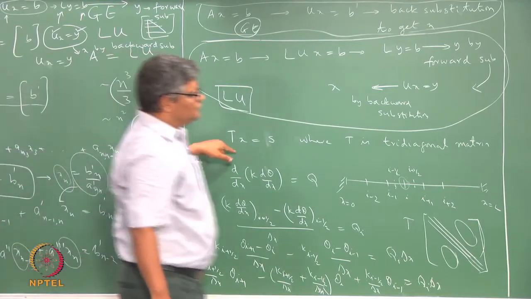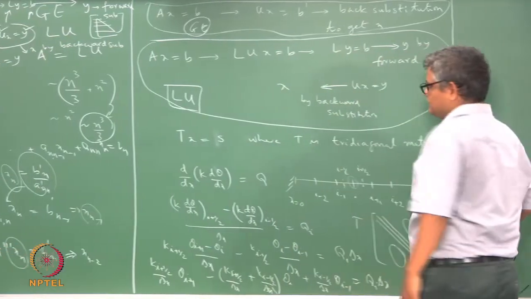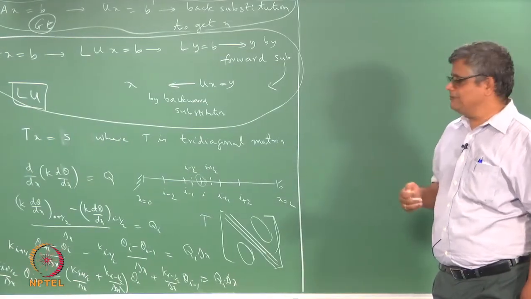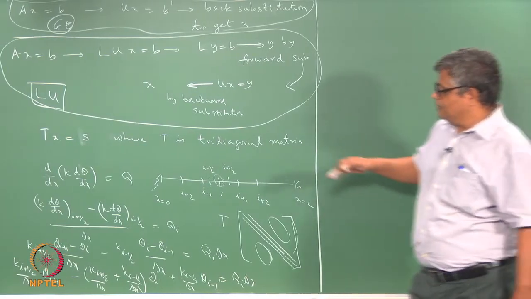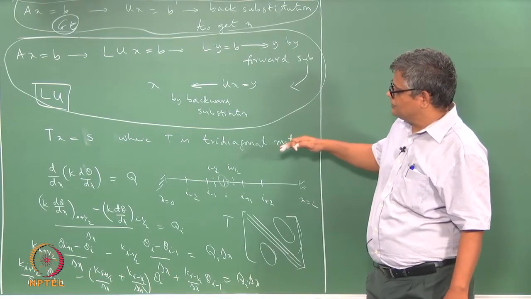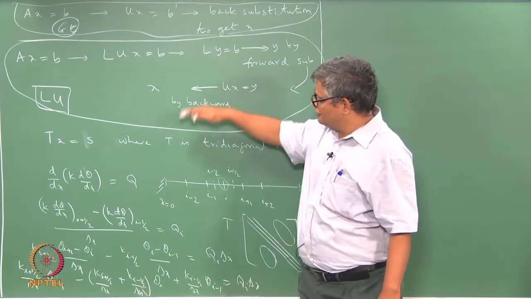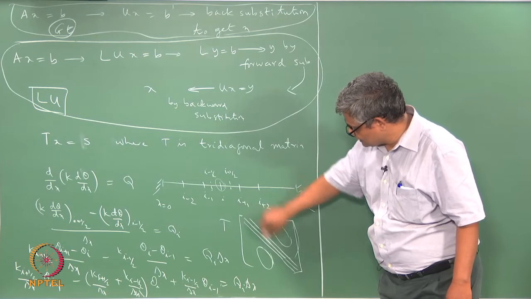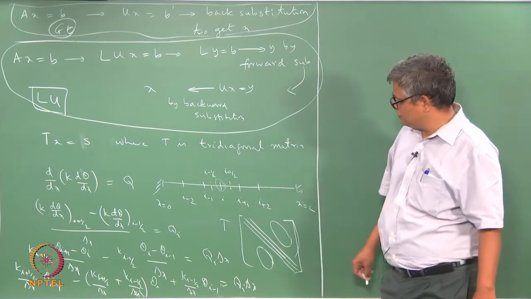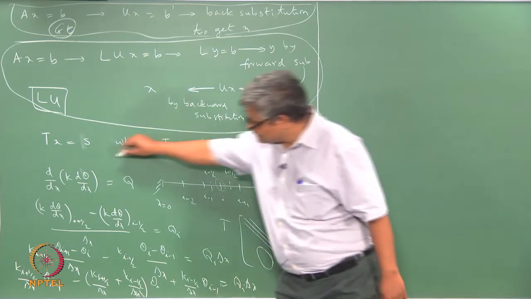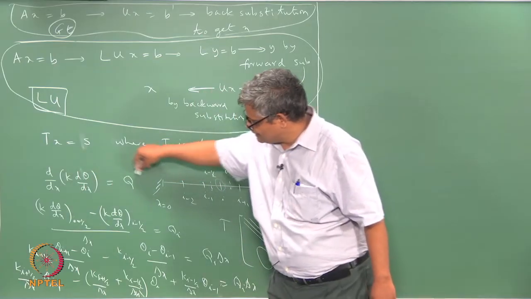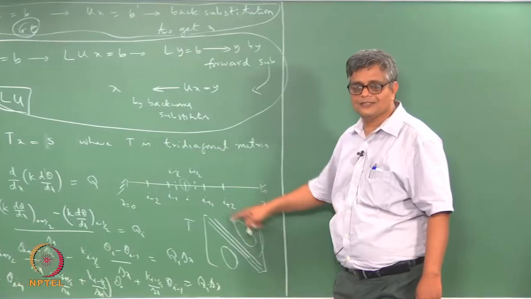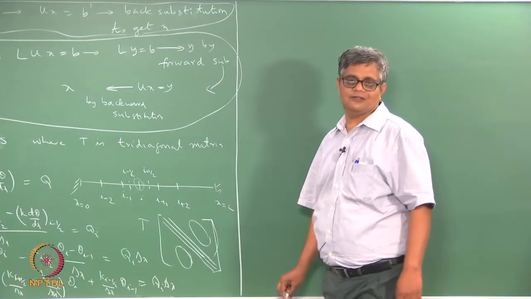So, it is possible to develop a very fast scheme by taking advantage of the fact that in this there are only 3 diagonals which are non-zero and all the others are 0, and taking advantage of the fact that in a typical diffusion problem the diagonal dominance of this triangular matrix is satisfied.